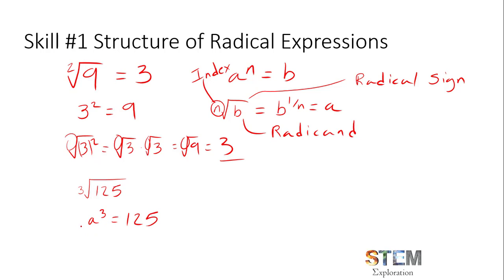Normally, if this was a square, you would take the square root of it. Well, we can do the same thing. We can take the cube root of it. We can take the cube root of the other side and find what a equals, and simply say that a is equal to 5 in this given circumstance. So 5 cubed is equal to 125.